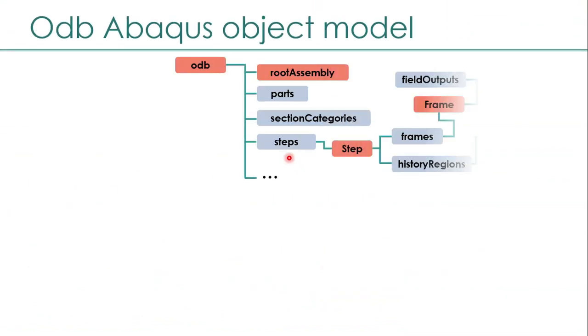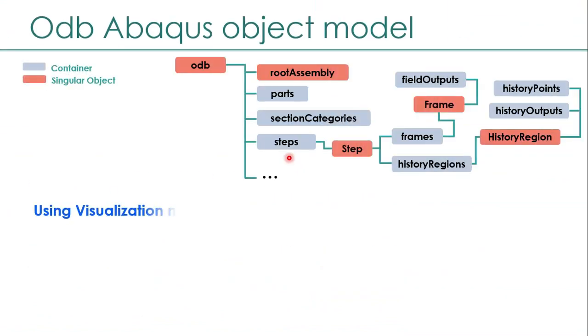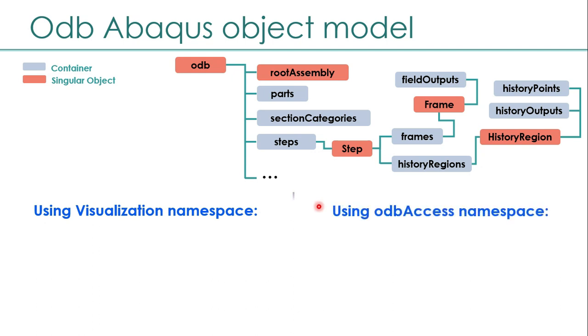In Abaqus you can use this ODB object model in two ways. The first one is using the visualization namespace, and the other one is using the ODB access namespace. At this point, if you are not understanding this word namespace, don't worry about it. For simplicity, we can consider that namespace is something related to a module. It's like we are talking about the visualization module, or the ODB access module.